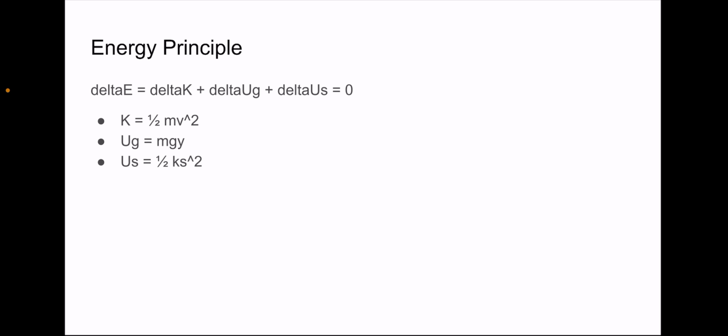And delta E is a change in energy, delta K is a change in kinetic energy, delta UG is a change in gravitational potential energy, and delta US is a change in the spring potential energy.